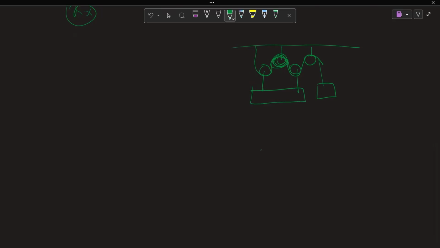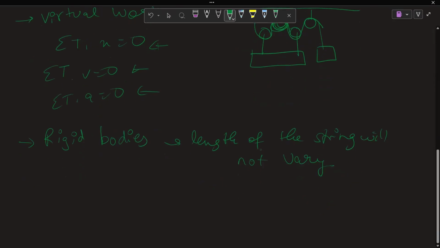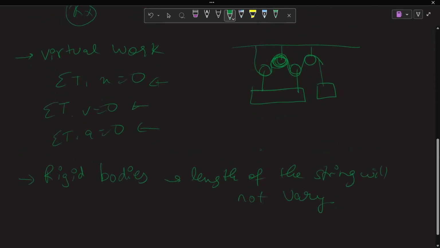The question comes either with the concept of virtual work, where you consider that summation T dot x equal to 0, summation T dot v equal to 0, summation T dot a equal to 0 to find the relation between velocities, displacement or acceleration. Or you must have considered the concept of rigid body where you consider the length of the string will not bend.